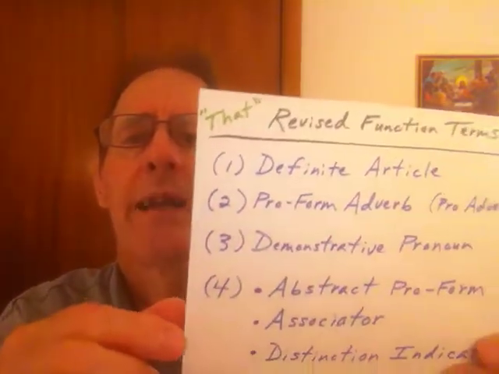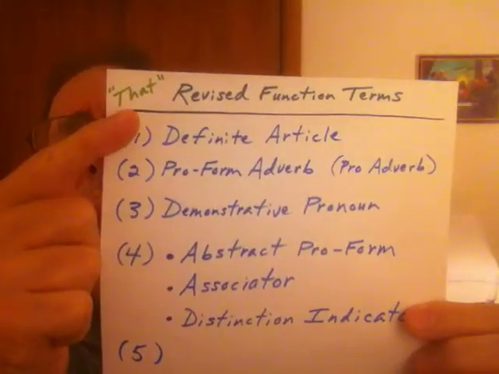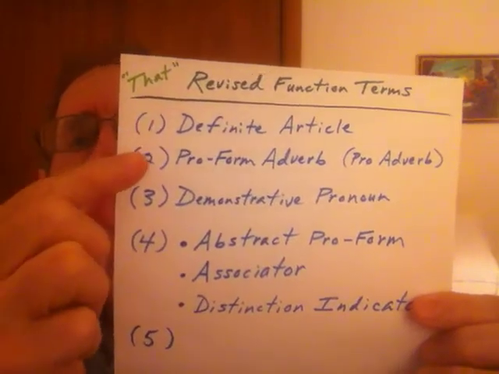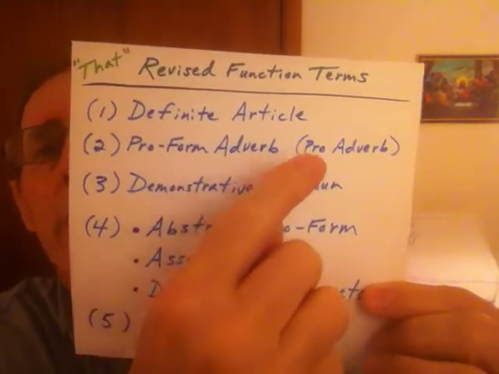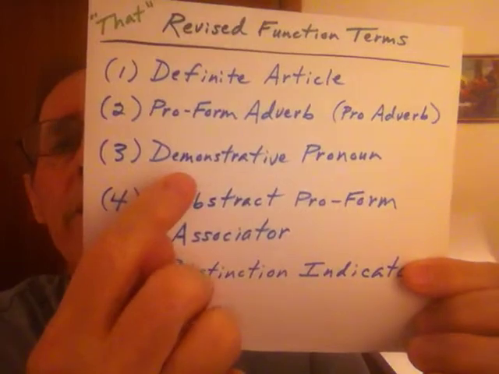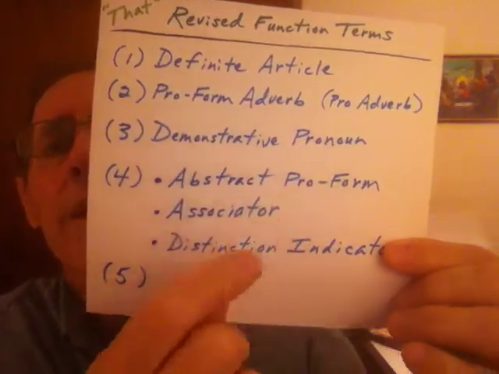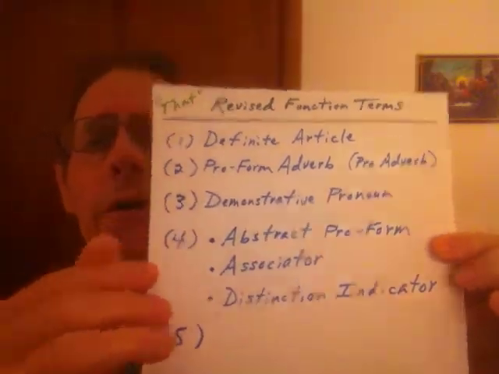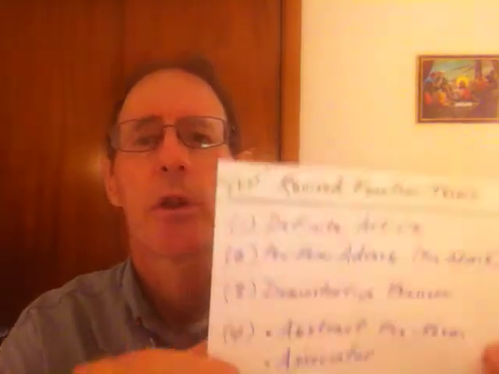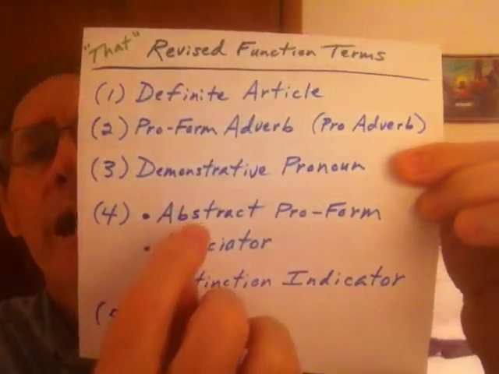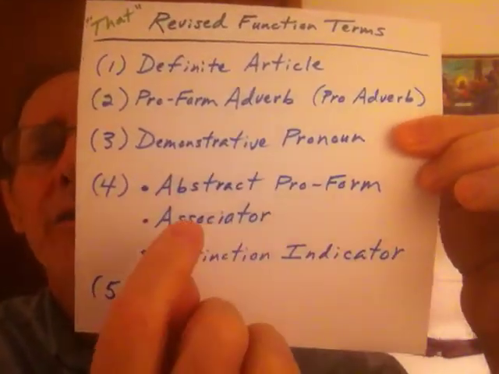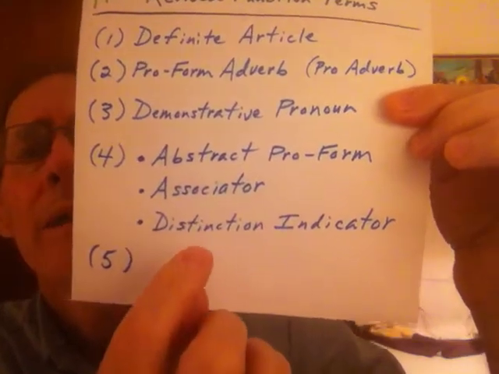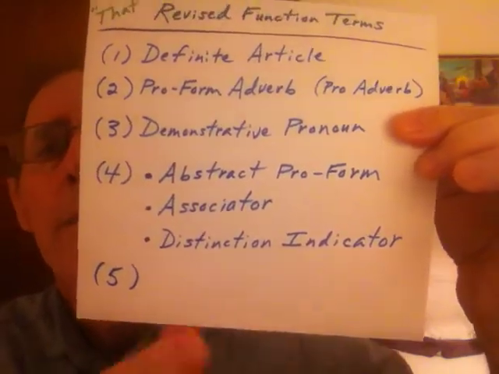I refer to that as a definite article, a pro-form adverb, or you could say pro-adverb, same thing, a demonstrative pronoun, and then for the 4th function that we talked about, I looked at 3 different levels and I found 3 different terms. I found abstract proform, associator, and distinction indicator. I talked about that in my last video.